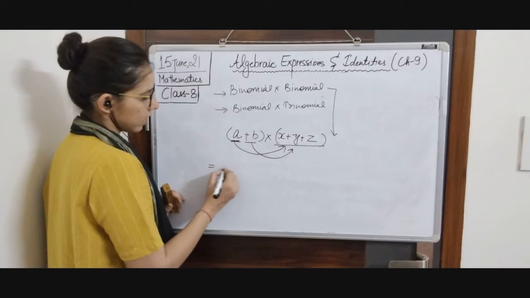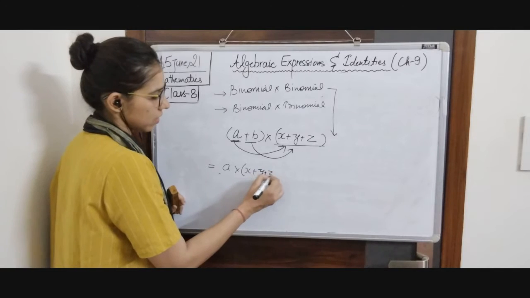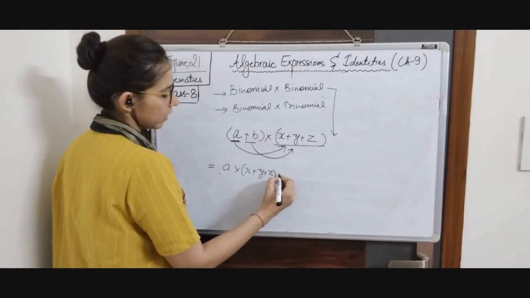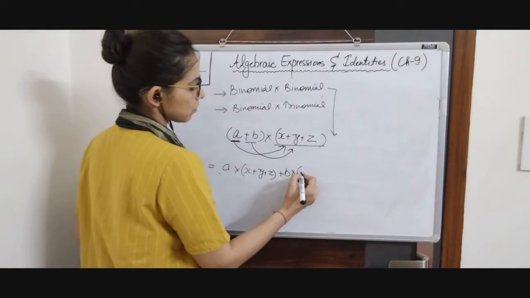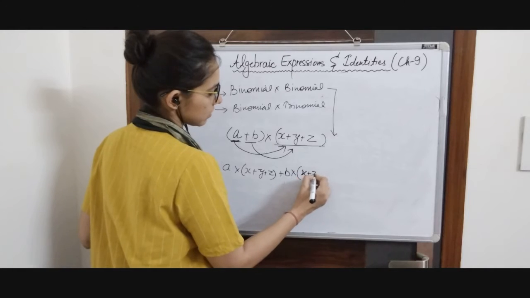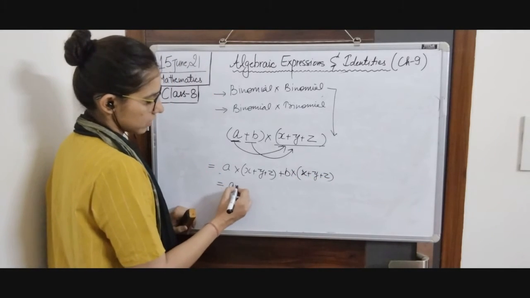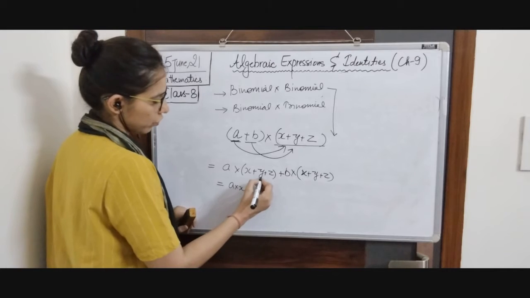What do we mean by that? a into (x plus y plus z), and whatever sign we have before the second term, we will use that sign. So it will be plus b into (x plus y plus z). It is going to be a into x. Now it has converted into multiplication of a monomial and a trinomial, which we know by heart.